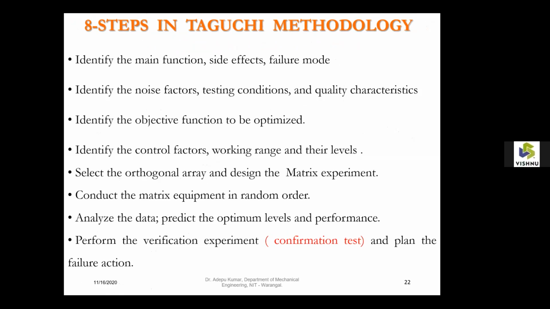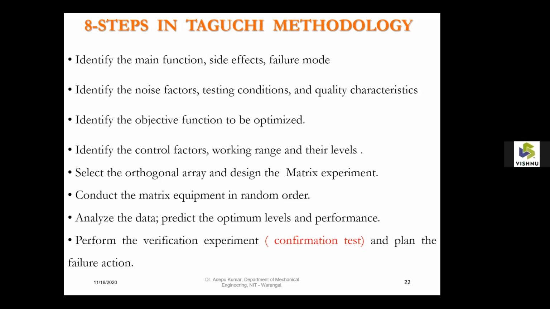Suppose as a layman, as a technician, I give certain input conditions. He doesn't know, he just performs the experiments and gives the results. But as a researcher, as an engineer, you should know whether it is a minimization function or a maximization function.